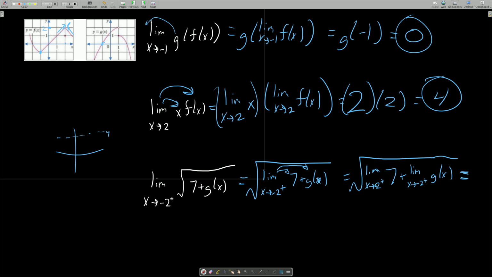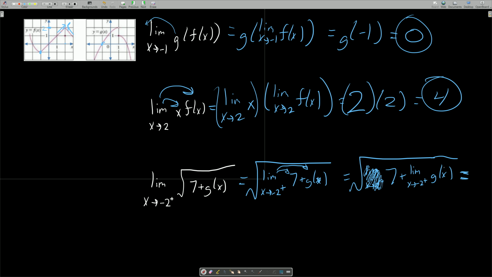This is at y equals 7, right? What this means is you're supposed to plug in negative 2 for x right here, but there's no x. The limit of any constant is just that constant. In other words, we can just ignore this entirely. So now we have just 7 plus the limit of g of x as x approaches negative 2 from the right.